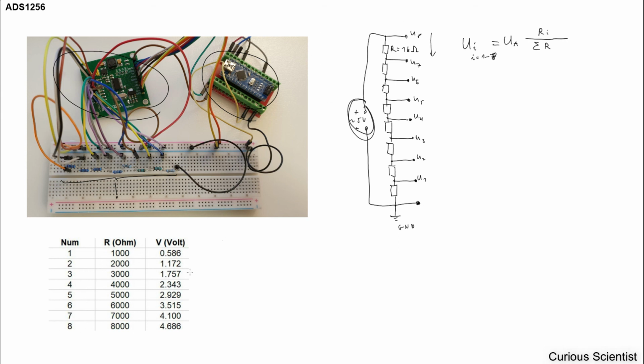So U8, which is the bottom here, is the output voltage of the Arduino, and then we go down to U7, so we are here, then we measure 4.1, and then so on and so on, and then at the end, so here the U1 is 0.586 volts.